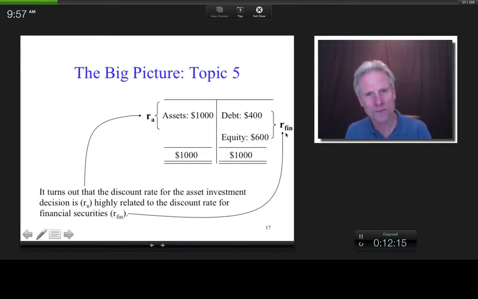So as a quick overview, the goal of this class is the theory and practice of the asset investment decision. Obviously, what you see online is going to be the theory. In my class, I get into cases to bridge theory with practice. And the two things you need for bottom line analysis for the asset investment decision are what? Cash flows and a discount rate when you do a net present value.